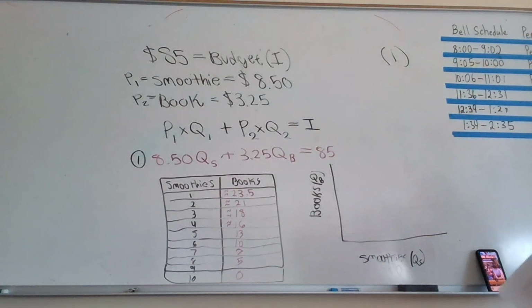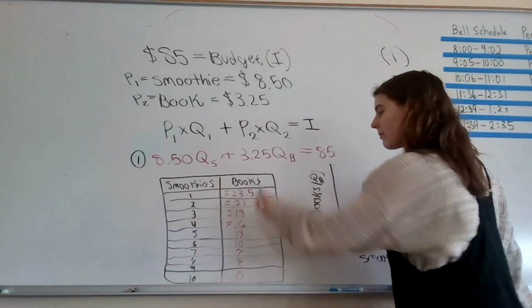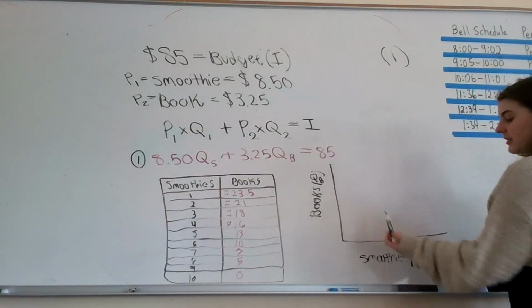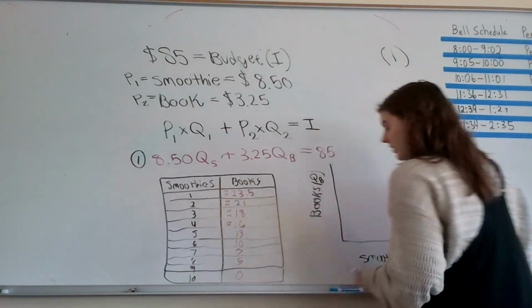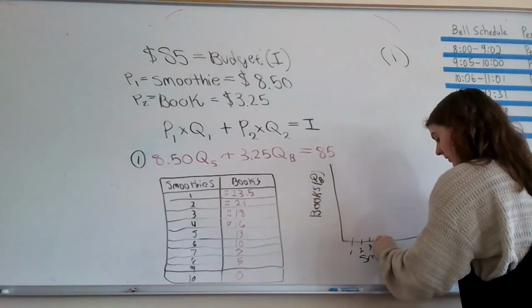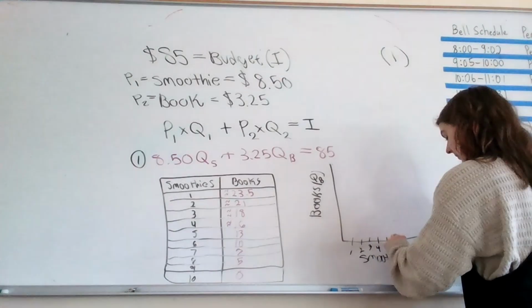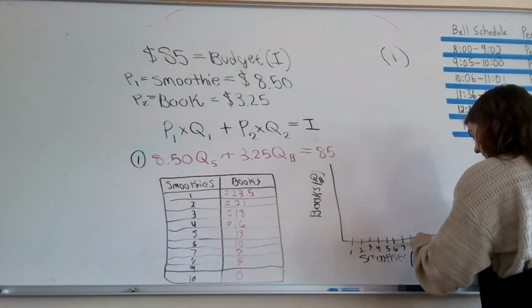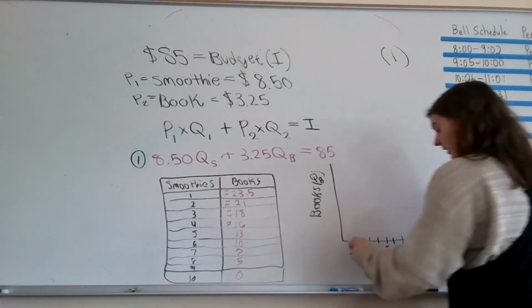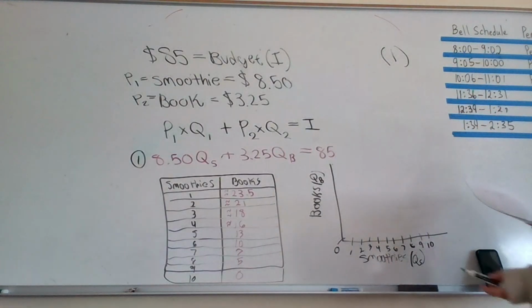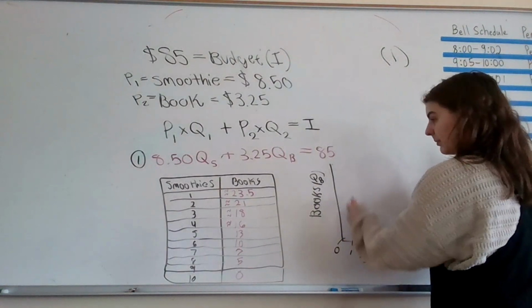And then we're going to plot our points. So we're going to move over smoothies, up books. 1 smoothie, 2, 3, 4, 5, 6, 7, 8, 9, 10, right? And there should be a 0 here. Over smoothies, up books.